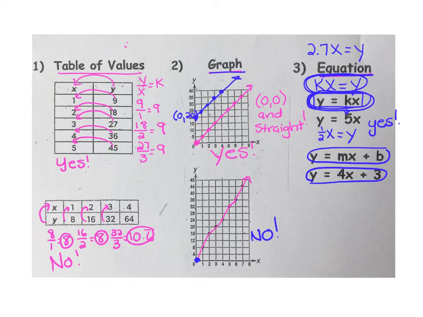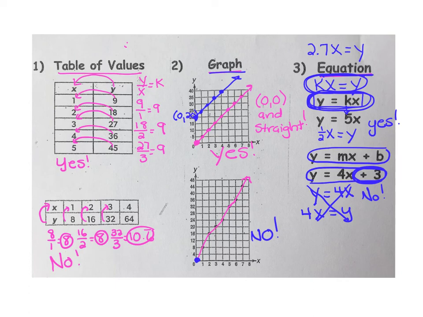It's not because of the plus 3 here. It doesn't qualify as a proportional relationship. Had it been written like this, y equals 4 times x, or 4x equals y, then yes, it would be proportional. But in this case, no, it is not a proportional relationship.